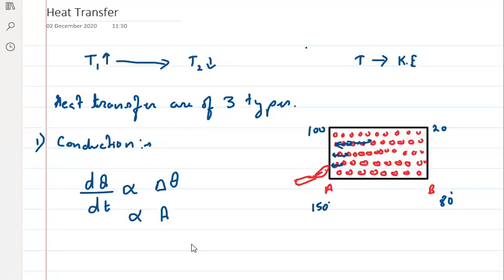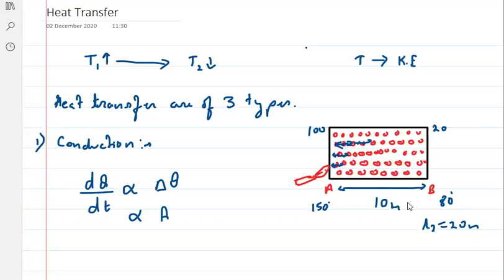Now let's talk about another factor. Suppose the length of this rod is 10 meter in one case, and in the other case suppose it is 20 meter. Whenever I'm talking about this, I'm keeping all the other parameters constant.